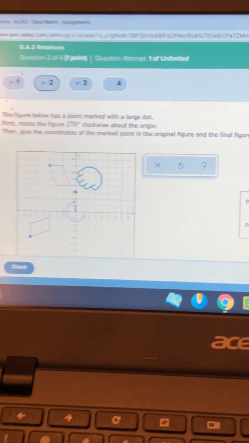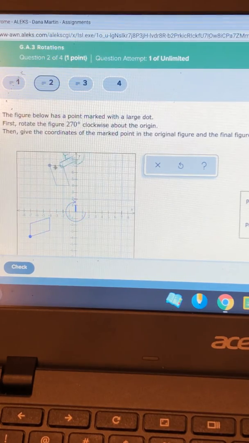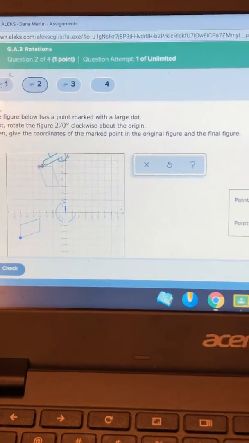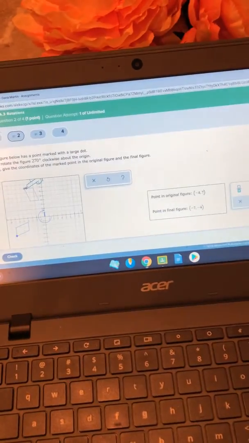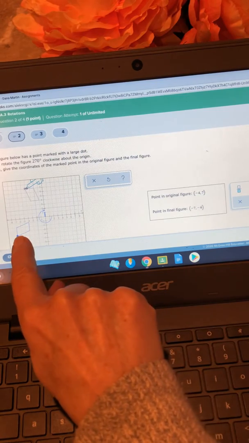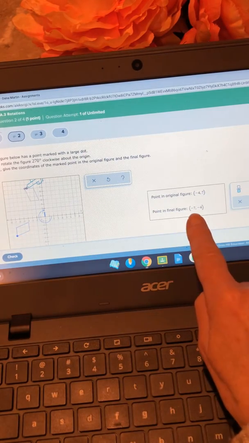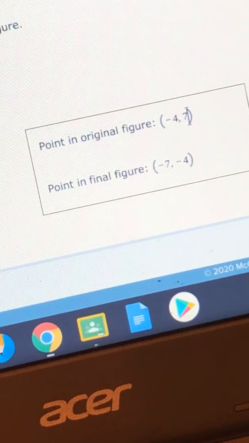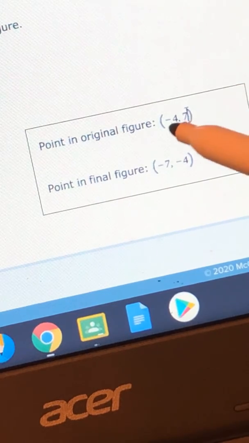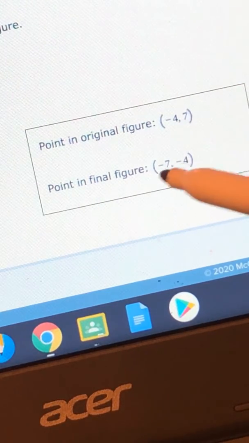And that's 3 turns. And I drop it, and I put my original point right there, which is -4, 7. And then I put my new point for the image or the final, -7, -4. And then I'll call attention again, because I will be putting up the notes in just a moment. But you can see that we flipped the 2, the 4 and the 7 get flipped.